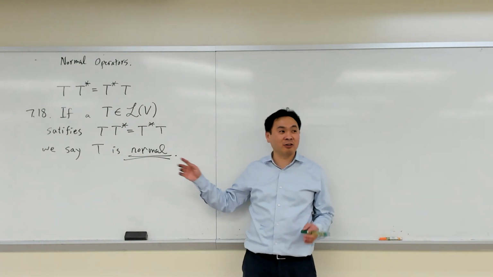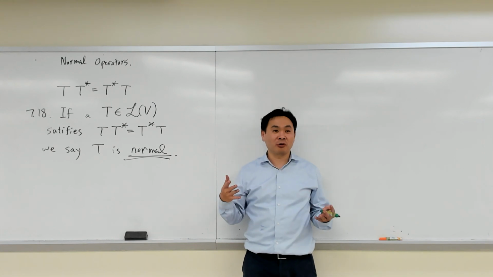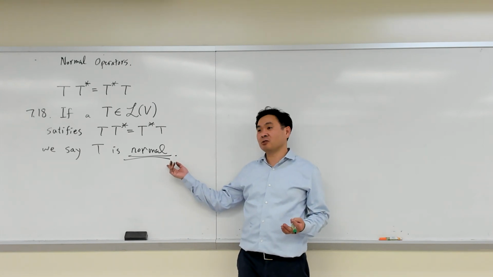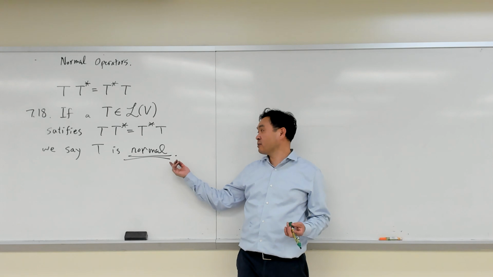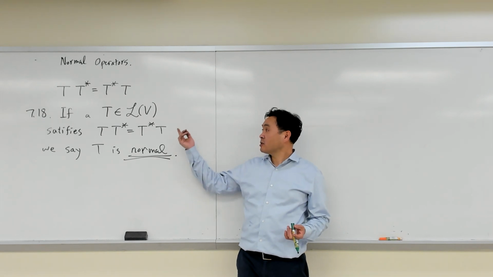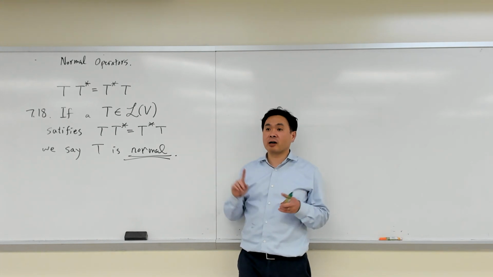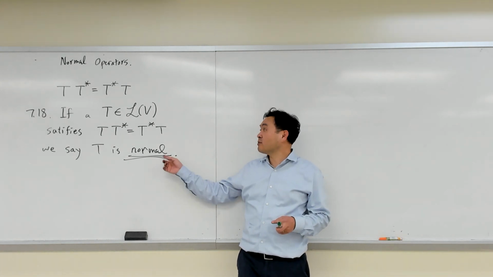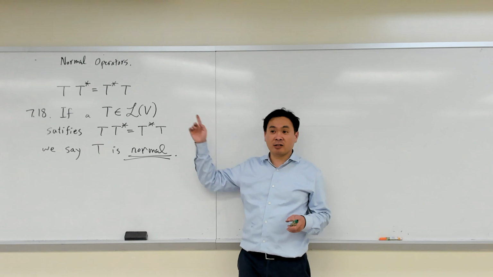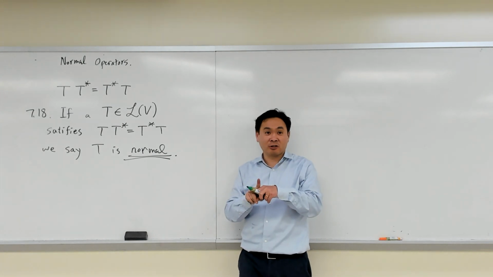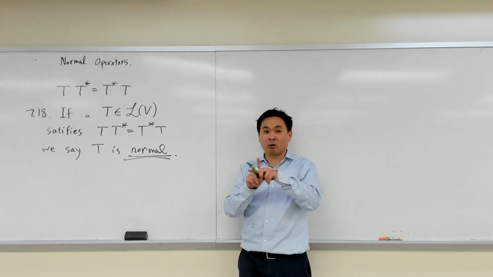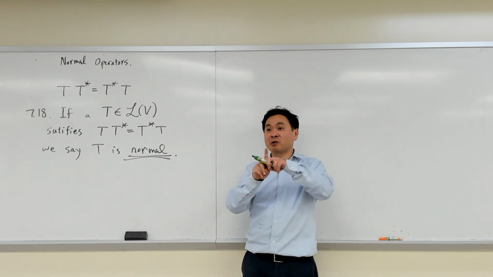Normal here means orthonormal. Okay, so you'll see later that if T is normal, then the eigenvectors of T are orthonormal to each other, or orthogonal to each other. They're perpendicular.